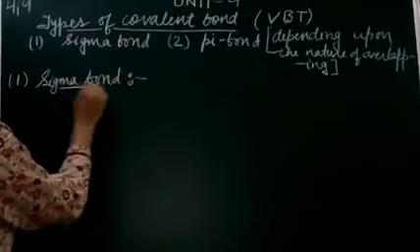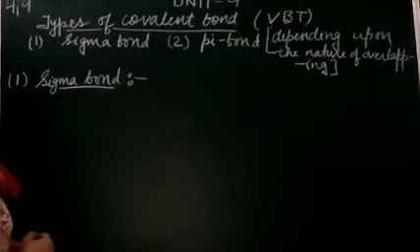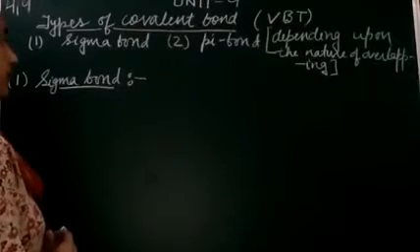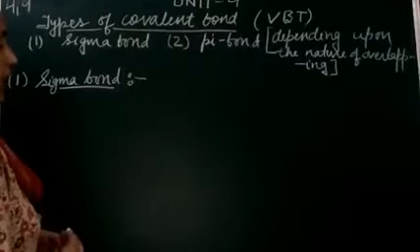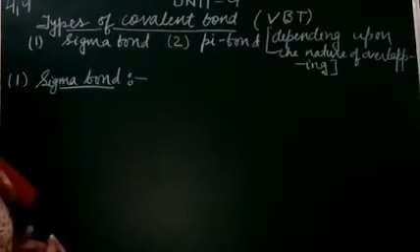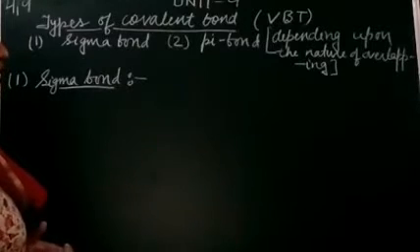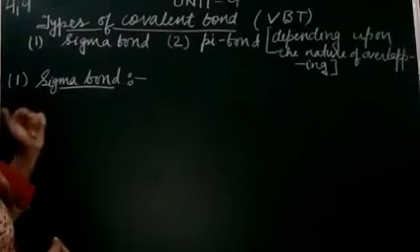Now students, for the sigma bond, when the two atoms come closer, the overlapping of their atomic orbitals along the internuclear axis, which is known as head-to-head or end-to-end overlapping, results in the sigma bond.